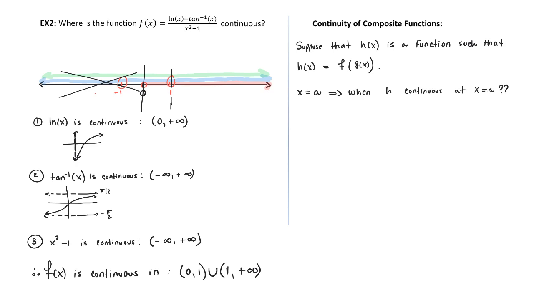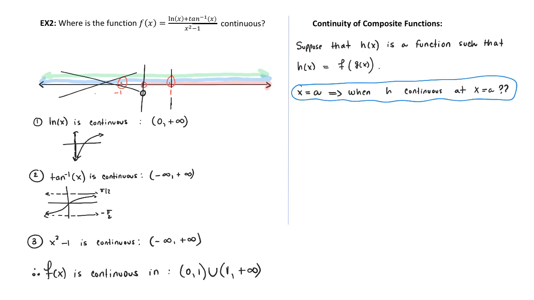What is the condition for continuity of a composite function? And again, look at this. h is a composite function. g is the inner function. f is the outer function. So if we pick a number a in the domain of h, we are trying to argue for continuity of h.